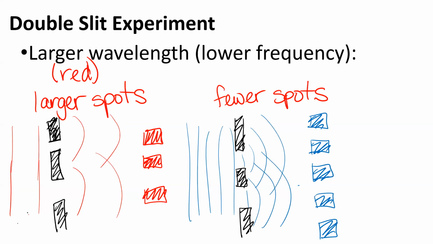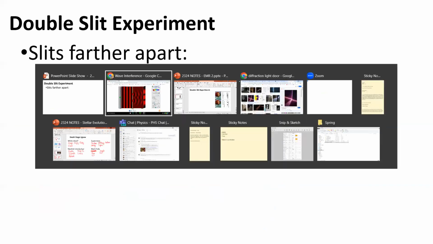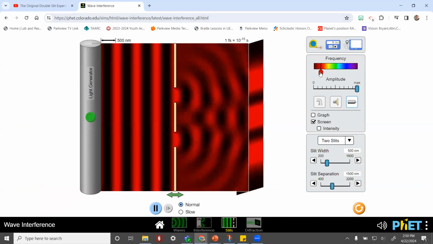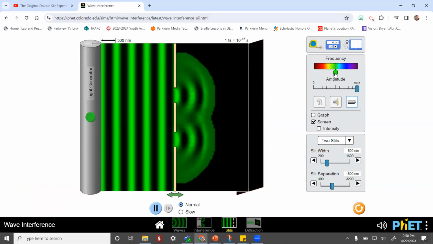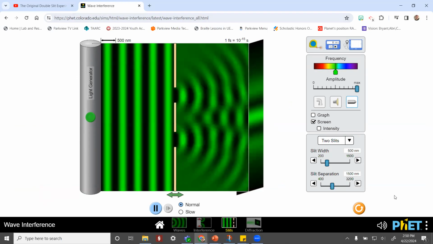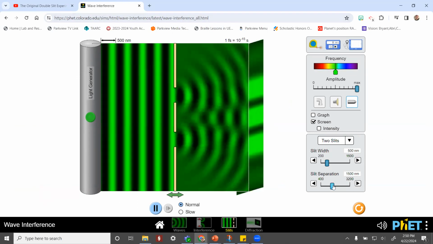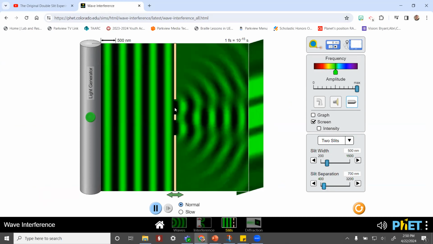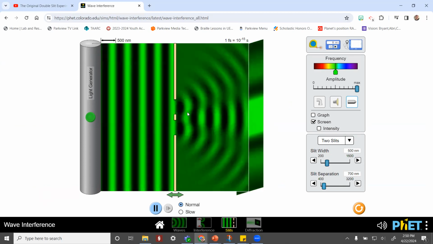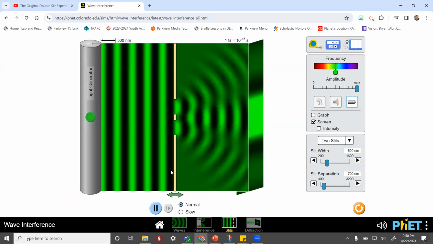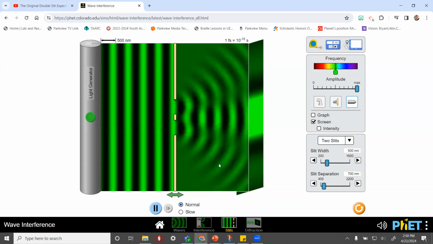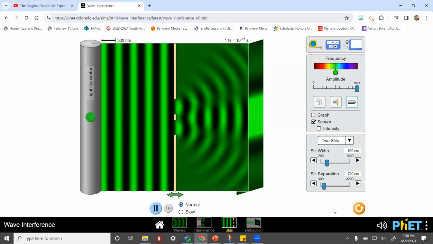All right, well, what's the next thing we need to do? Ooh, let's make the slits further apart. All right, let me do like a mid-size wavelength here. So we'll go to green. All right, if these slits are really, really close together, then that means that as they're arcing, they don't have as many opportunities to overlap with each other. And so less overlapping means less spots.